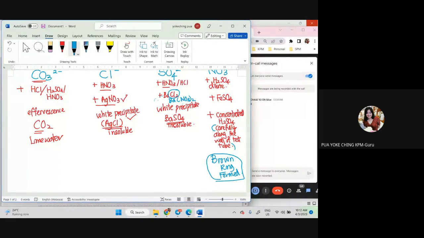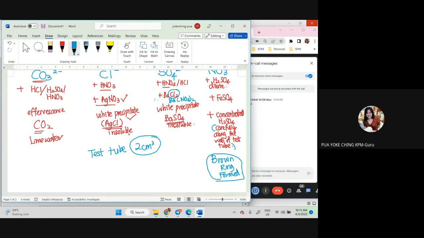So, ini ialah anion test. So, usually anion test kalau keluar, dia akan suruh kamu describe. Means you need to have procedure. So, procedure, ingat, kita hanya perlu buat dalam test tube. All these things semua buat dalam test tube. Volume setiap ni tak payah banyak. 2 cm cube sudah cukup.